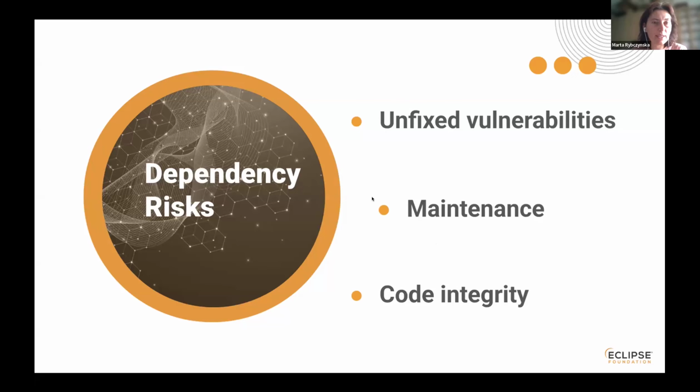We may also encounter a dependency that stops being maintained, becomes an abandoned project, and if we depend on it, that may be problematic for us. And then malicious actors may want to attack one project by getting through the code integrity of our dependencies. So the security of dependencies is as important as the integrity of our own code.